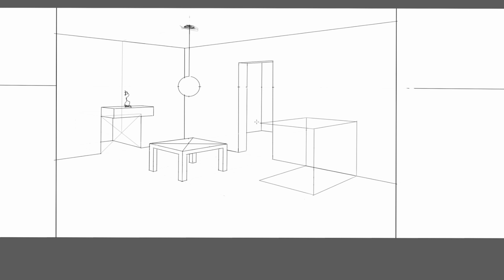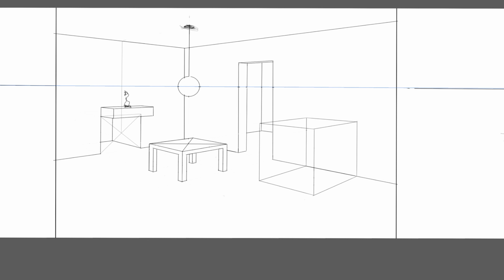Let's drop a plumb line or a vertical. Doesn't always cooperate. There we go. And that lines up, okay?